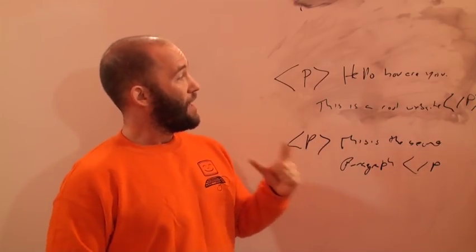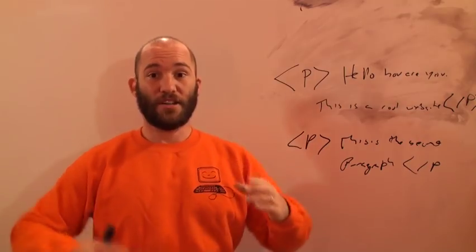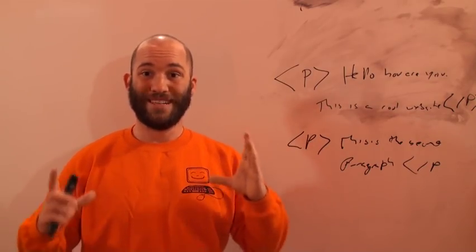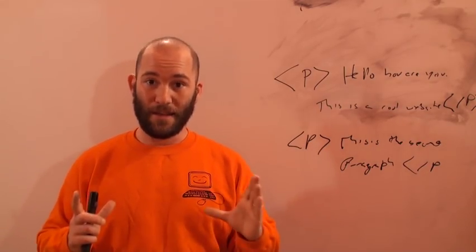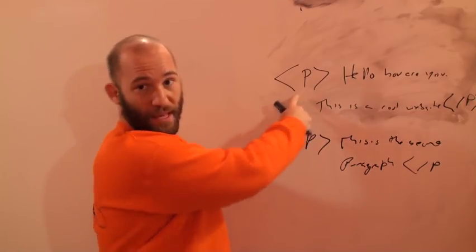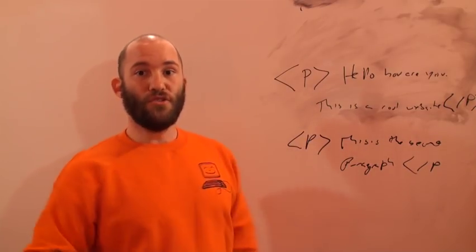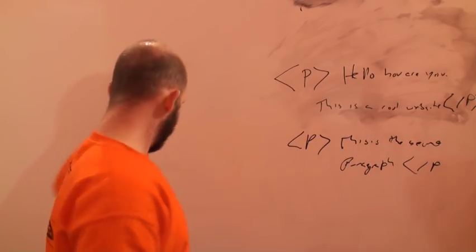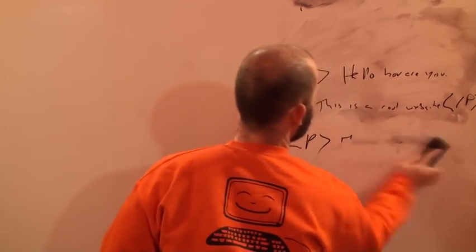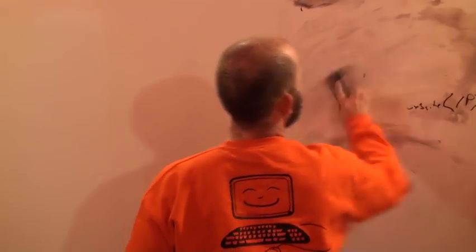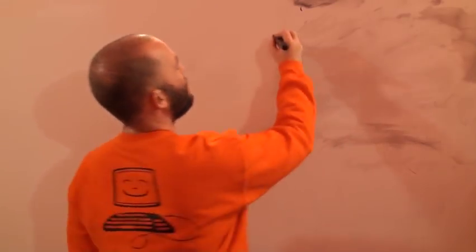Now, let's say you want to align your title in the middle. So you have the P or you have the H1, you use something called align. Let's say you want to create an H1 title that's in the middle of the page. This is very simple.